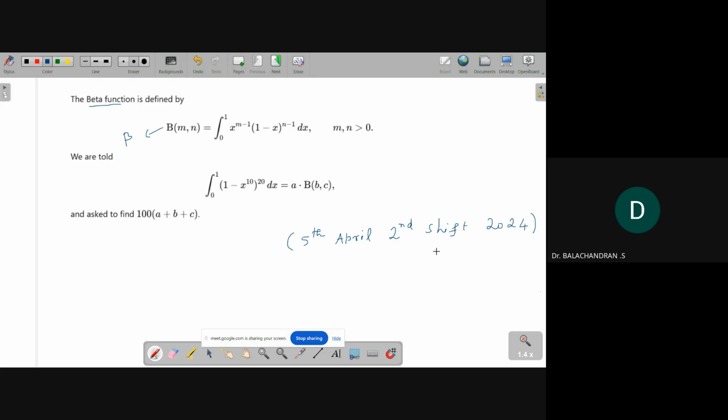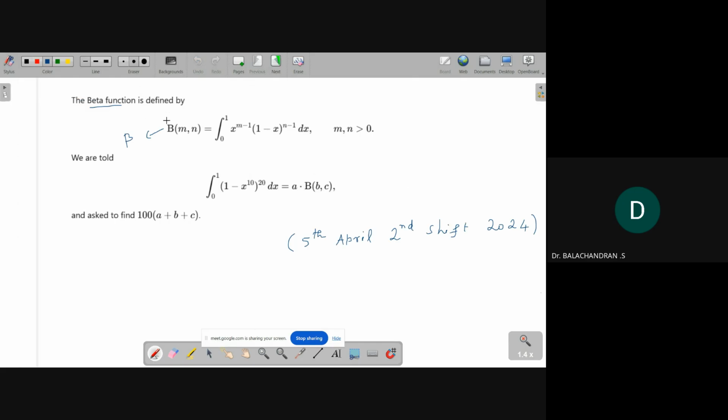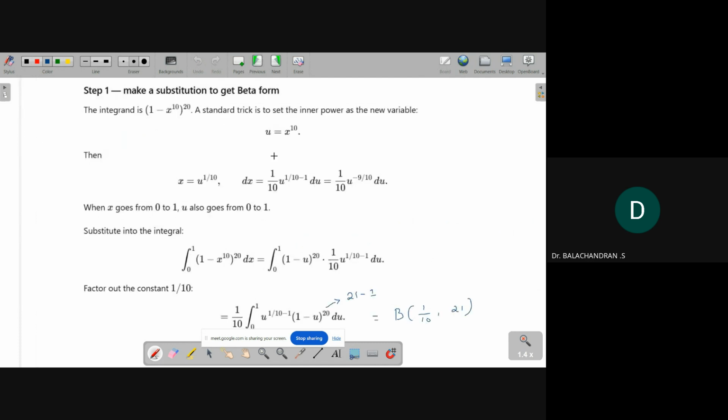Now the idea is, what is the integrand here? 1 minus x power 10, whole power 20. So I will take x power 10 as some u. So x power 10 is equal to u.